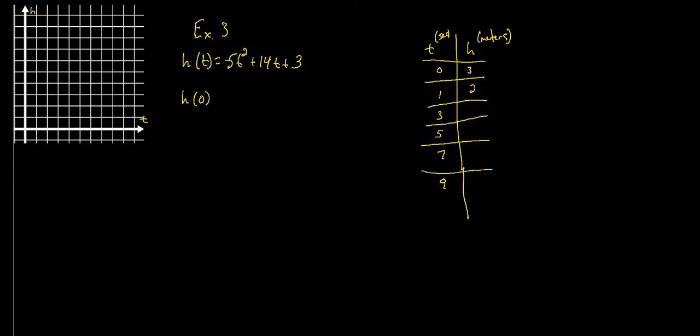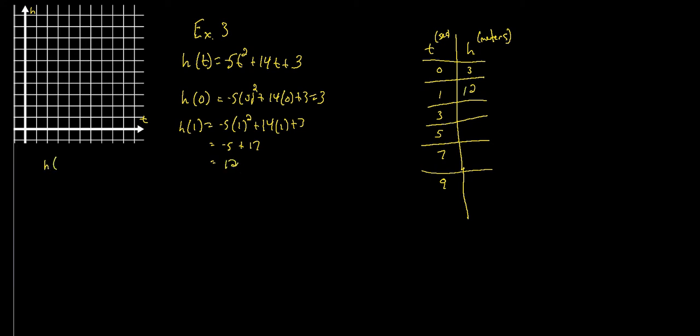So first we're going to graph. We've got a chart here of h of 0, h of 1, so on and so forth. So h of 0 equals negative 5 times 0 squared plus 14 times 0 plus 3, which equals 3. H of 1 equals negative 5 times 1 squared plus 14 times 1 plus 3. That's going to equal negative 5 plus 17, which equals 12.